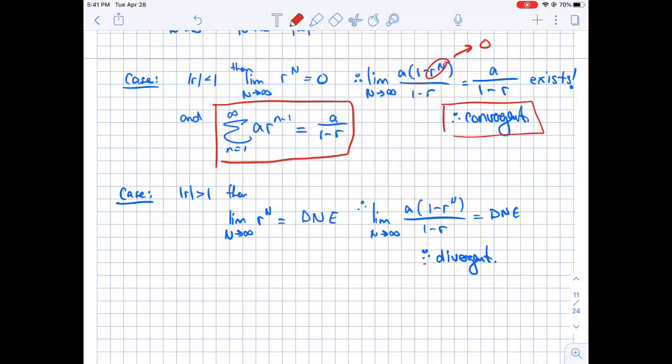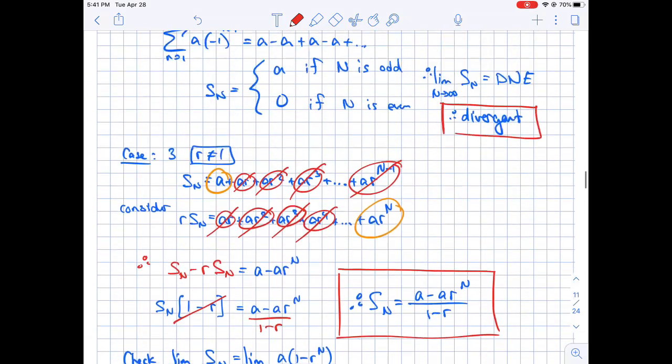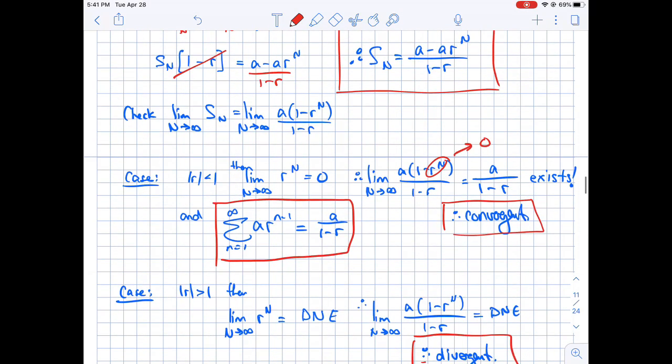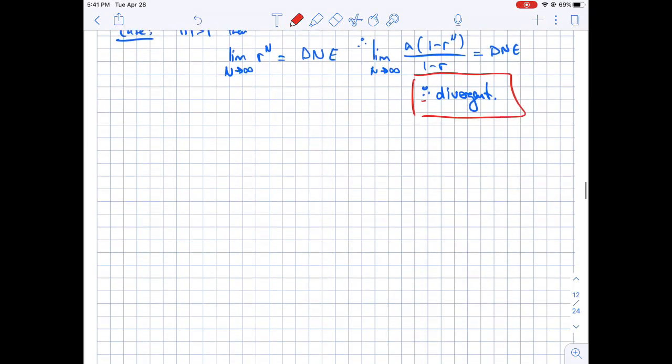So if we go back through our cases now, okay, we have looked at all of the different values of r. We have here divergence. We also have divergence when r was equal to minus 1 and when r was equal to positive 1. And actually the only time that we ended up getting convergence was when r was less than 1 in absolute value. So let's sort of summarize these results.